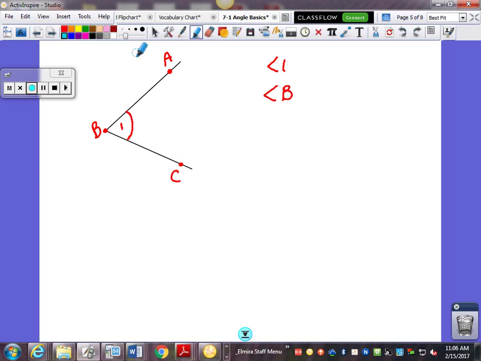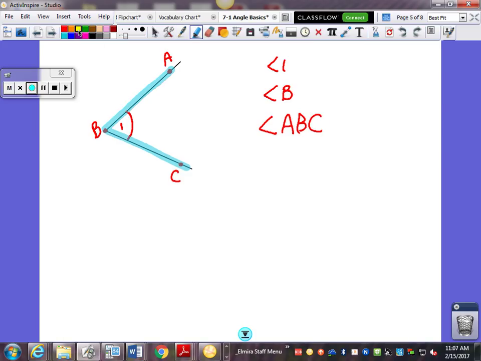Basically when we're doing that, we're tracing the path from one letter to the vertex in the middle to the other letter. So what I just traced out in order is angle ABC.